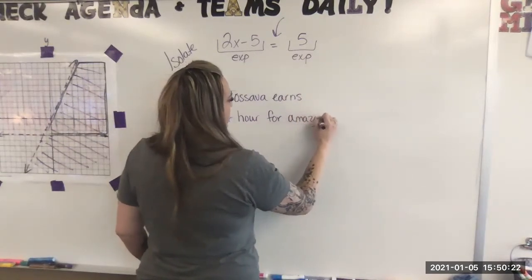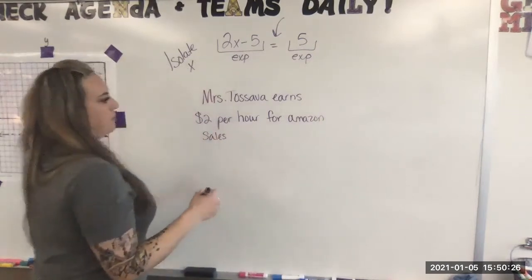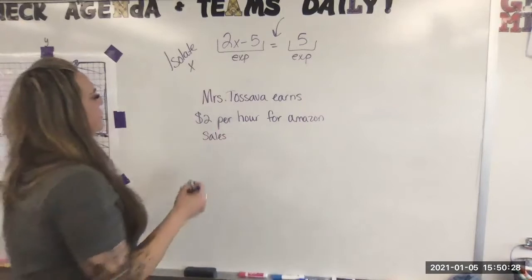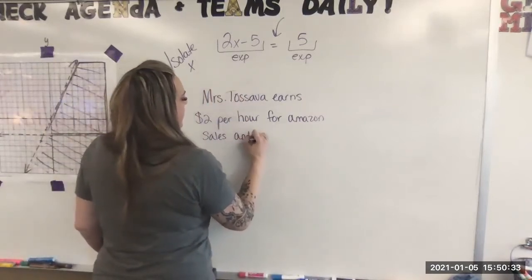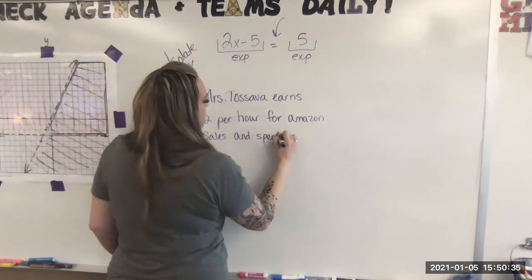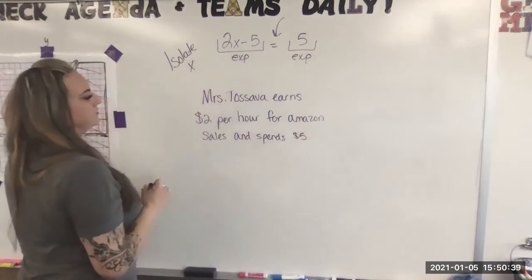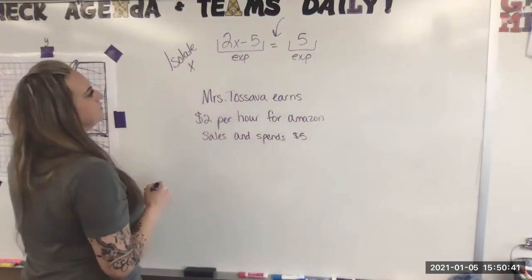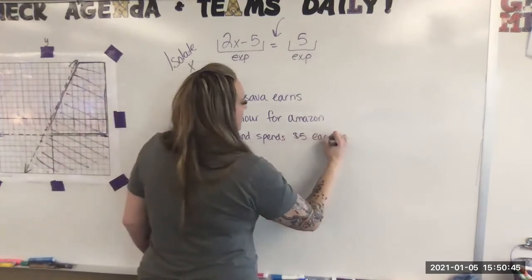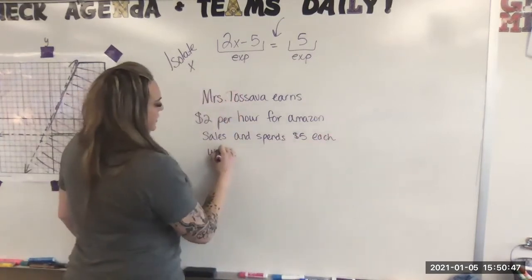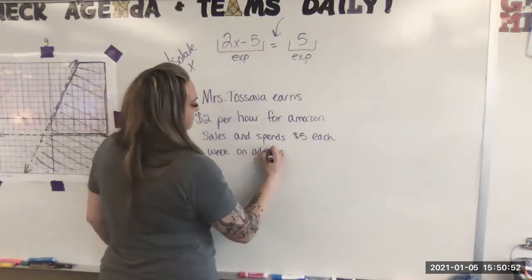Maybe I'm helping with Amazon, okay? Or I'm a marketer for them or something. So I get $2 per hour for Amazon sales and spends $5 each week on advertising.